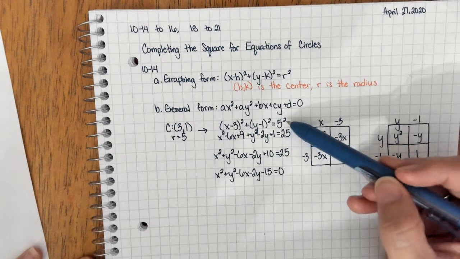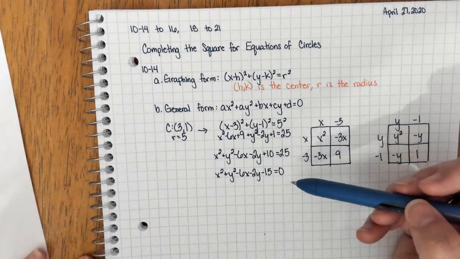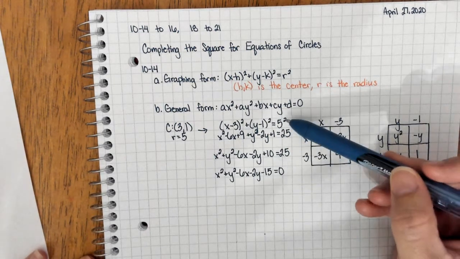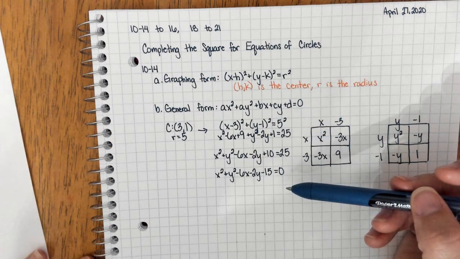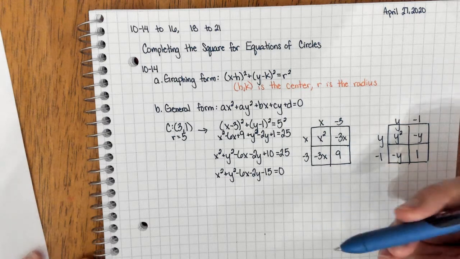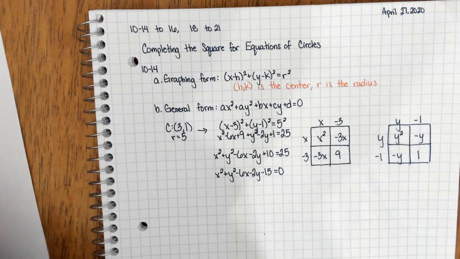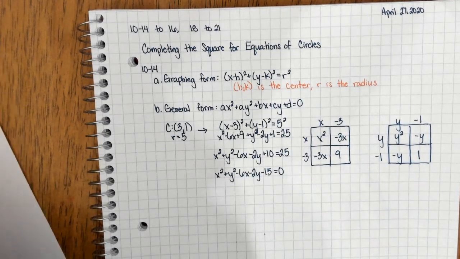It's very rare that I'm going to ask you, I don't think I will ever ask you, to be honest, to go from graphing form to general form. It's good to know how to do it. Now you've seen it. In general, we're going to go the other way. We are going to go from general form to graphing form.